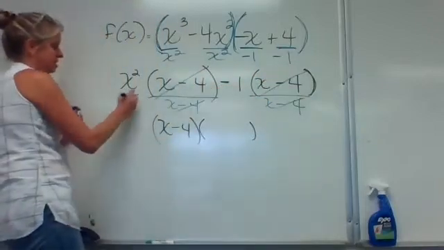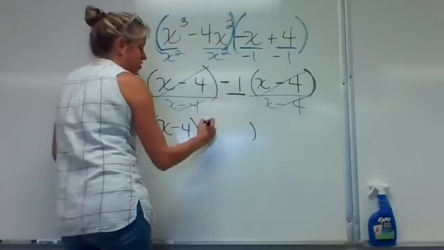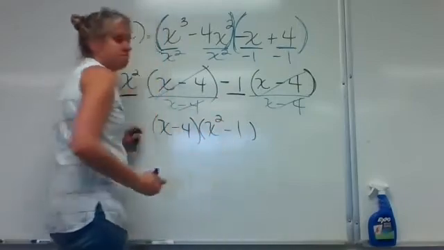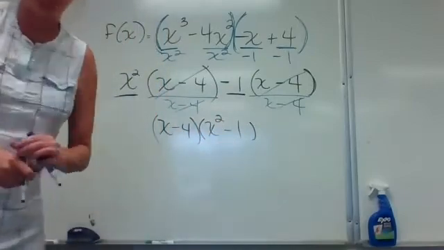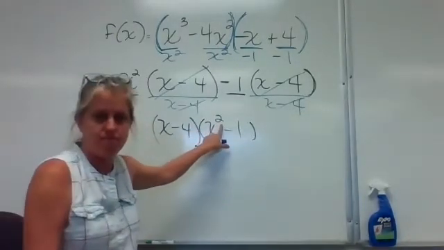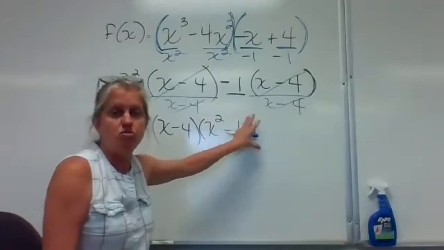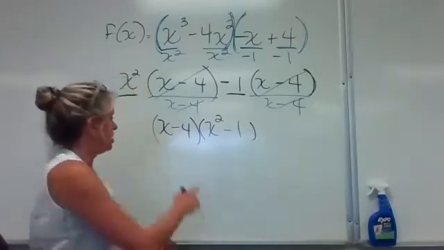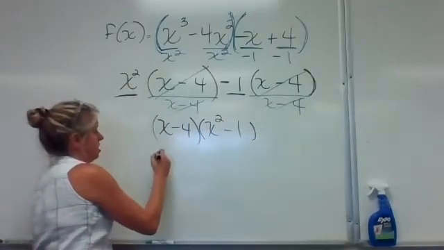What's left is the x squared minus 1. Now, I'm still not done factoring this because I still have an inside exponent. So I've got to do this one again. This is done. There's no inside exponents here, so that's good.